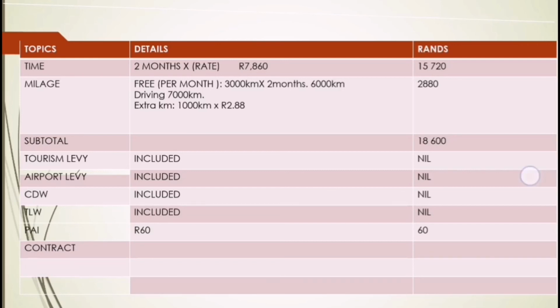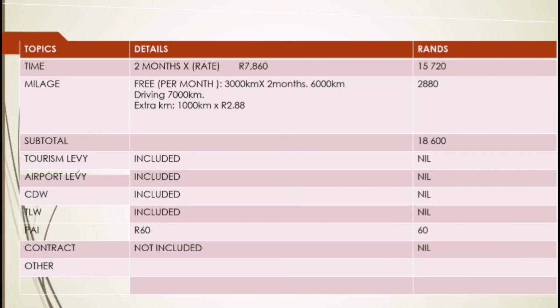You have your contract fee. If you run into a situation where your handout says the contract fee is not included, and your question paper does not give you the scenario that you are using to do the calculation, does not give you the contract fee, you can simply write not included and write nil.